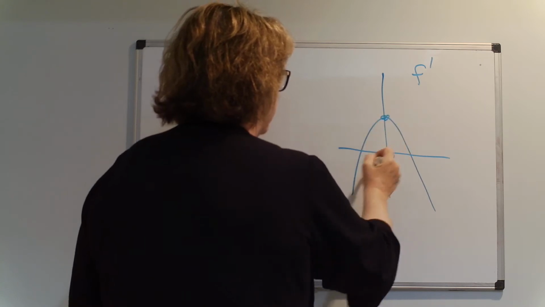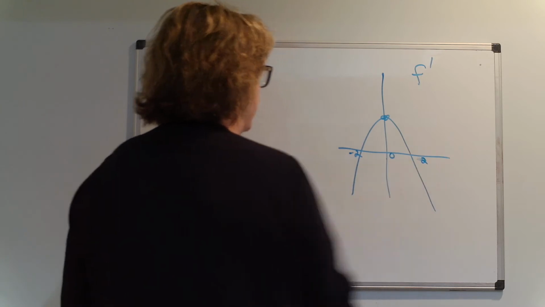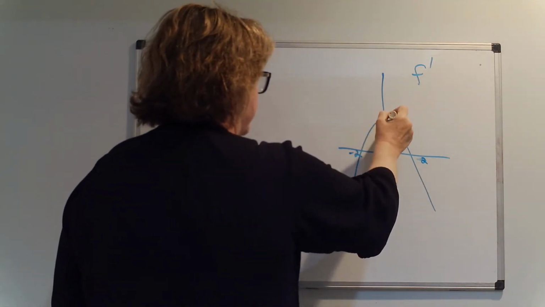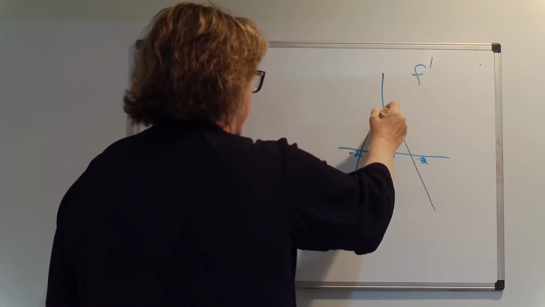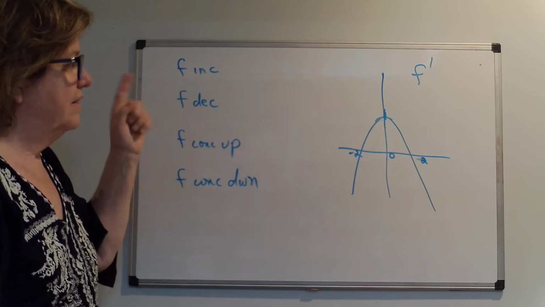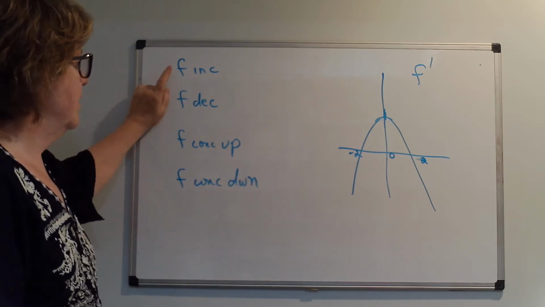Okay, so this is 0, this is -2, and this is 2. Now remember, we're being asked about the function, not the derivative. We're given information about the derivative.